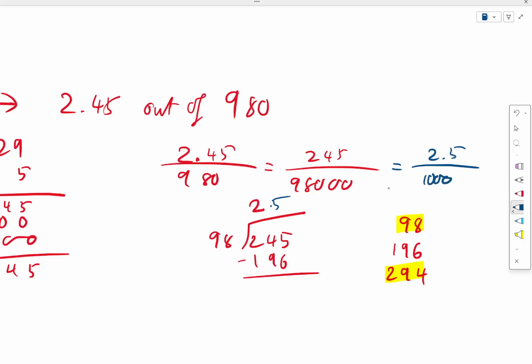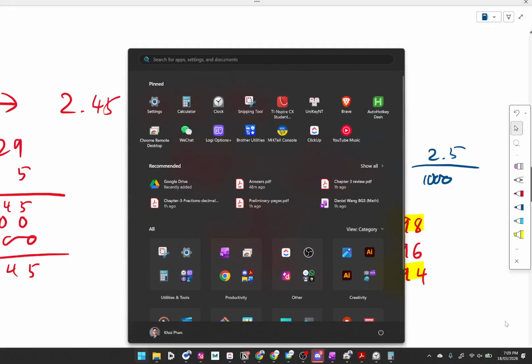Because we divide them, you divide this by 98, which is 2.5, and you divide this by 98, which is 1000. So it's 2.5 over 1000, which is 0.25%. Yeah, 0.25%.